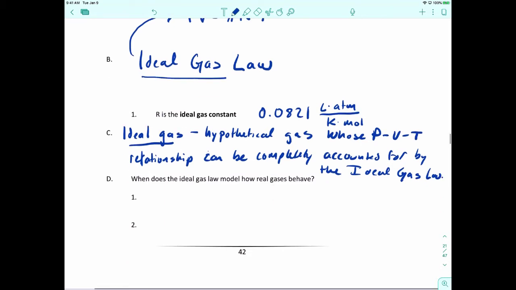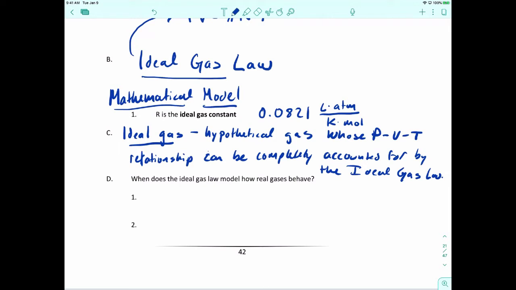Keep in mind that this equation is a mathematical model. At the end of the day, it's just a mathematical model that shows how pressure, volume, and temperature are intertwined.